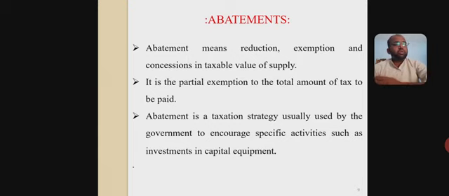The government makes this strategy to encourage specific activities such as investment in capital equipment. Whatever concession is given by the government, that much amount should be utilized in the form of investment in capital equipment. This is the taxation strategy used by the government, and that is called abatement.